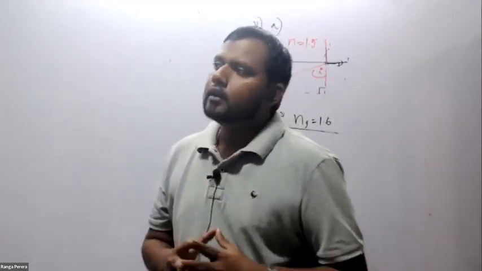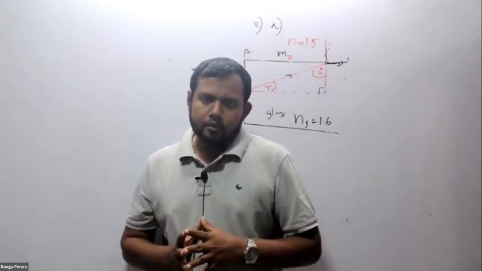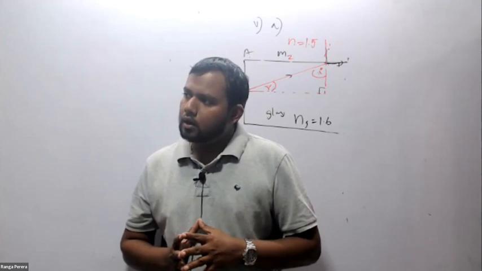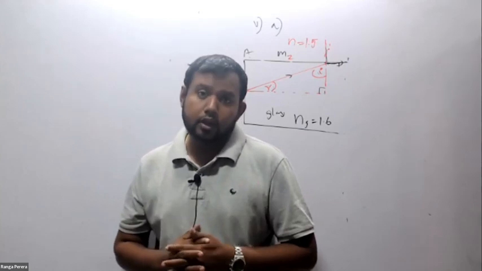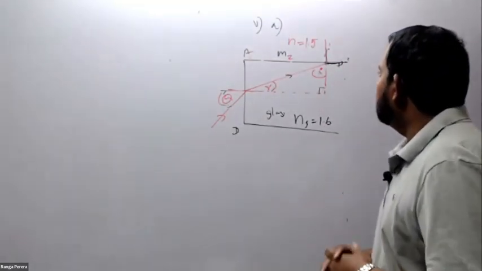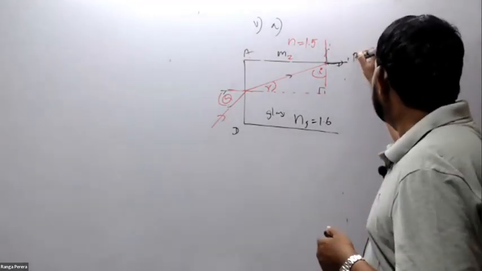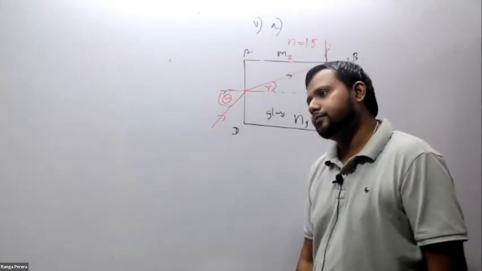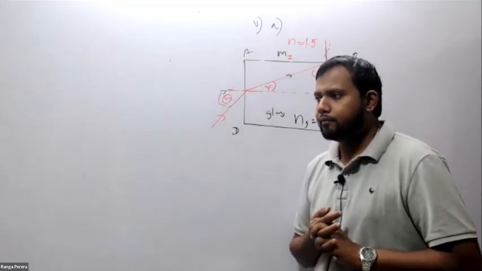Leave a line and write: I should be minimum, and there should be total internal reflection at the AB surface.